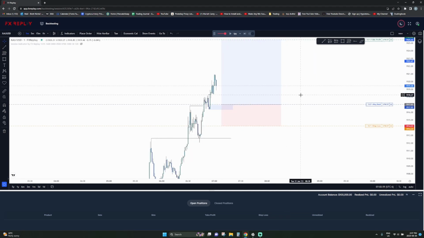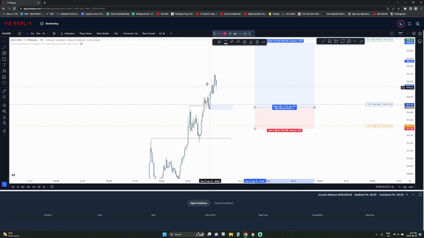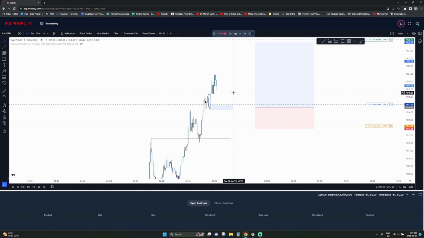Okay, so we broke new structure. See, this is where it gets in a gray area. This is kind of like a one candle pullback. And yeah, taking this, you could look at this as a BOS right here to take.